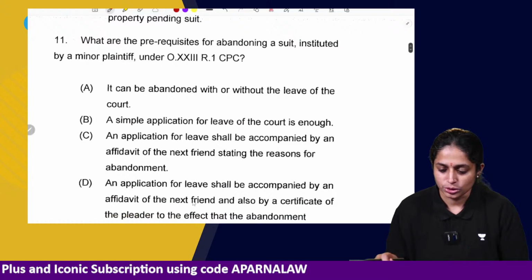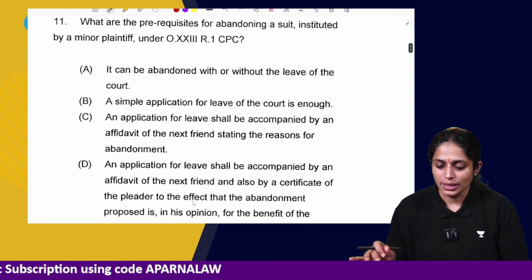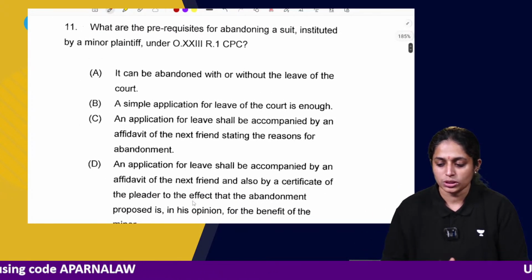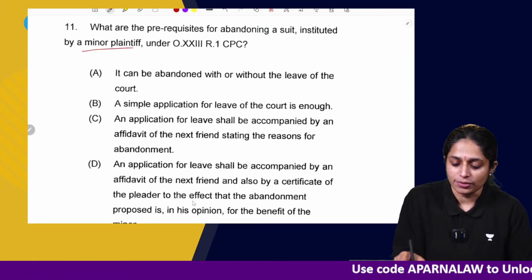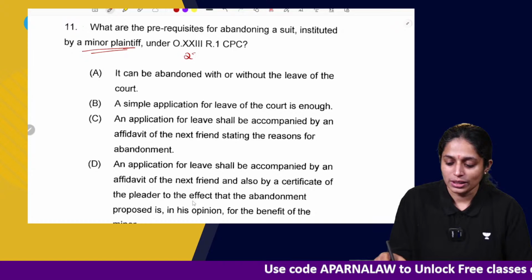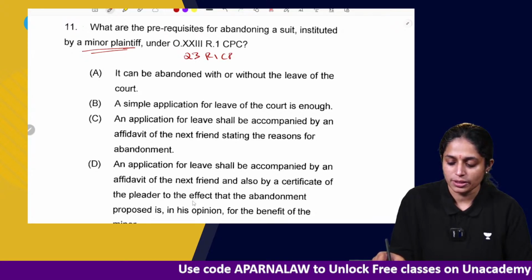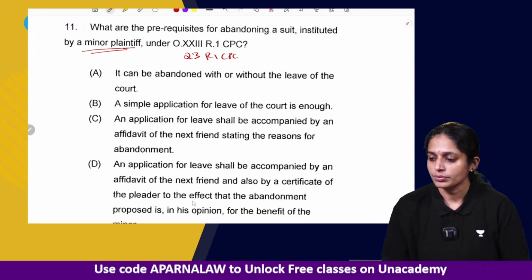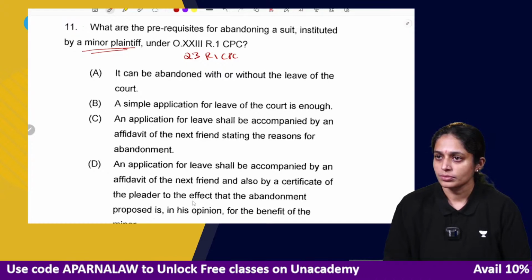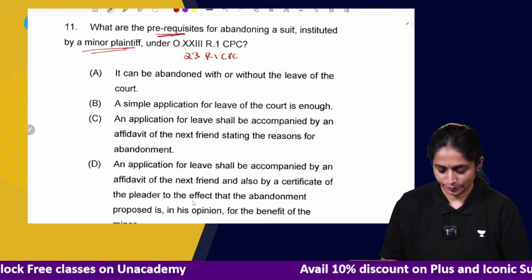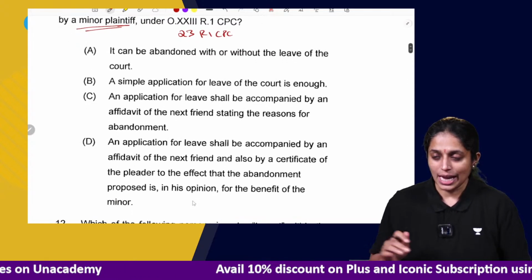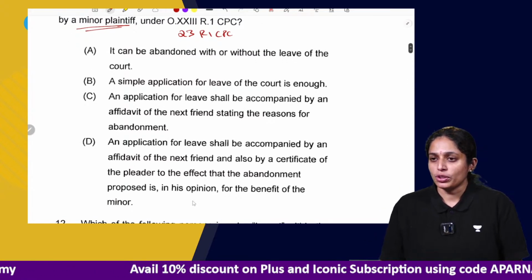Next one, 11th question. What are the prerequisites for abandoning a suit instituted by a minor plaintiff under Order 23 Rule 1 of CPC? What are the prerequisites? A. It can be abandoned with or without the leave of the court.